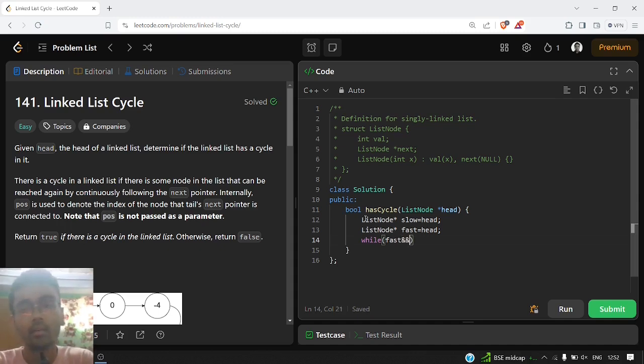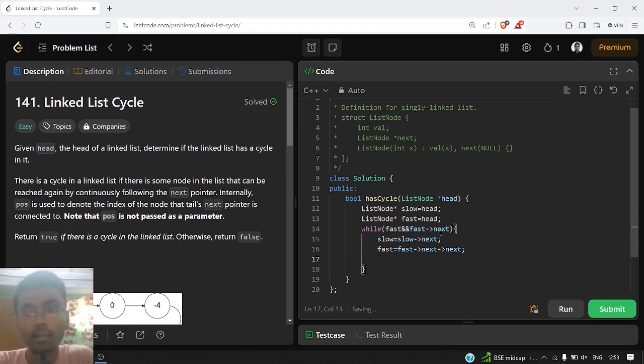So while fast and fast next are valid, that means they are not null, we need to continue iterating. In each iteration, we move the slow pointer one step ahead, and the fast pointer two steps ahead. This will continue until this condition is no longer valid.